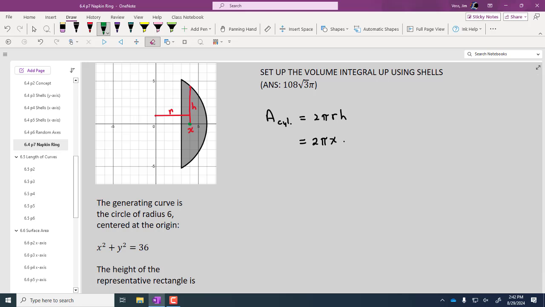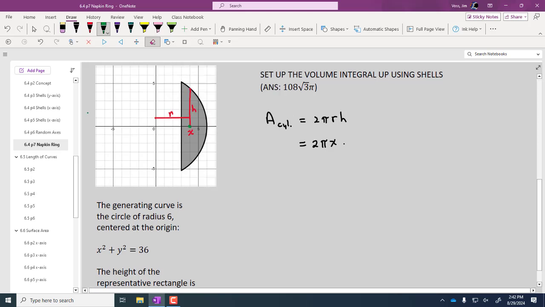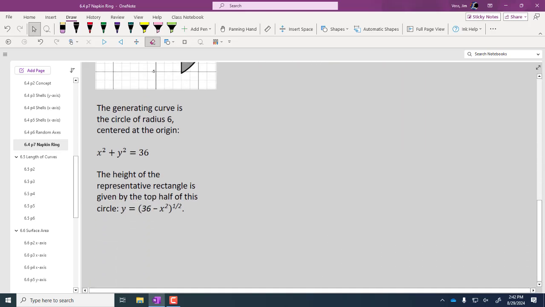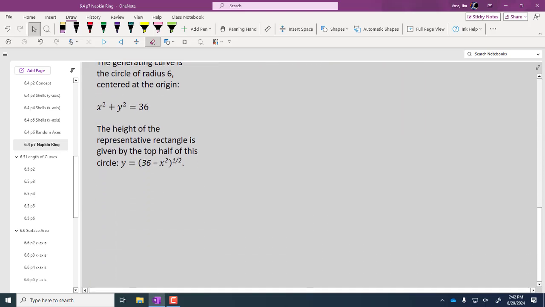The upper y value right there, that's coming from the top half of the circle. Right? If we take the circle and we isolate y, that means y equals something. That's going to give us the top half of the circle. So we're going to have to come over to our circle, isolate y, and choose the positive square root, because we want the top half of the circle.